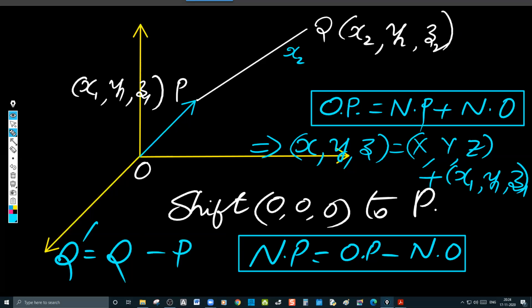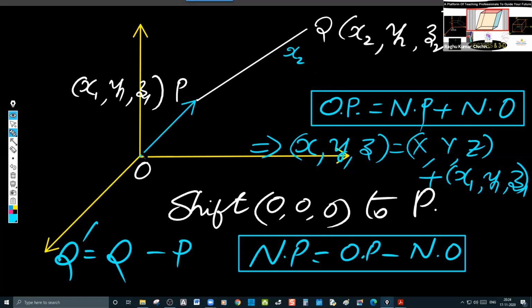This is the new origin. When new origin is X1, Y1, Z1, what is the new point of Q? Q minus P. It should be X2 minus X1, Y2 minus Y1, Z2 minus Z1. That's it.